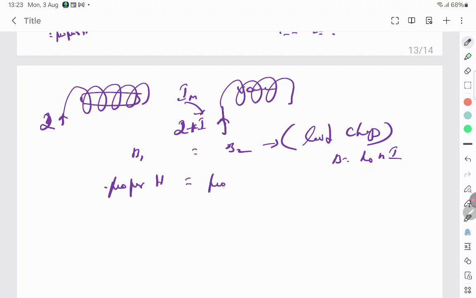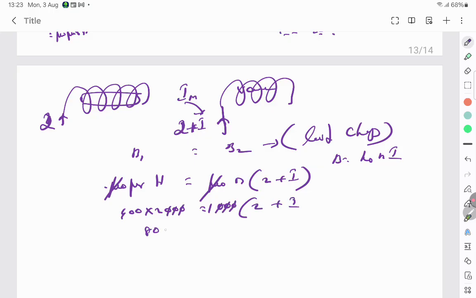So it's mu naught into small n into, not I, but 2 plus I. Mu naught and mu naught get cancelled. And mu R I know is 400, into H I know is 2000, is equal to small n, which is given as 1000, into 2 plus I. So directly I can cancel this and write it as 800 is equal to 2 plus I. So the additional current is 798 ampere.